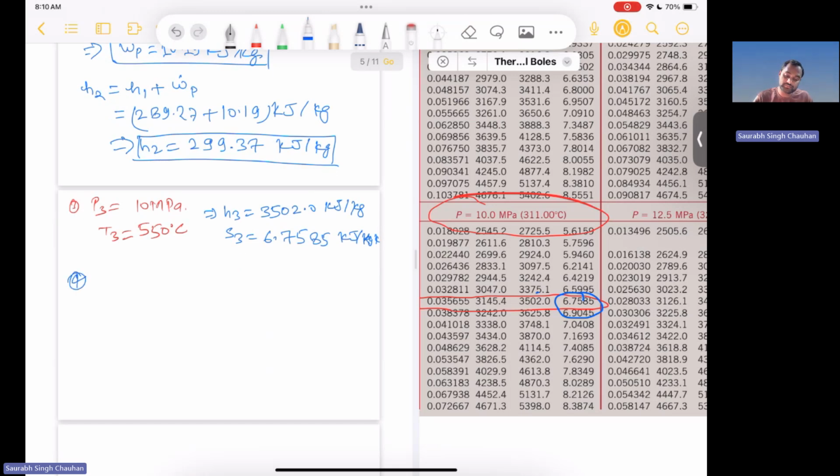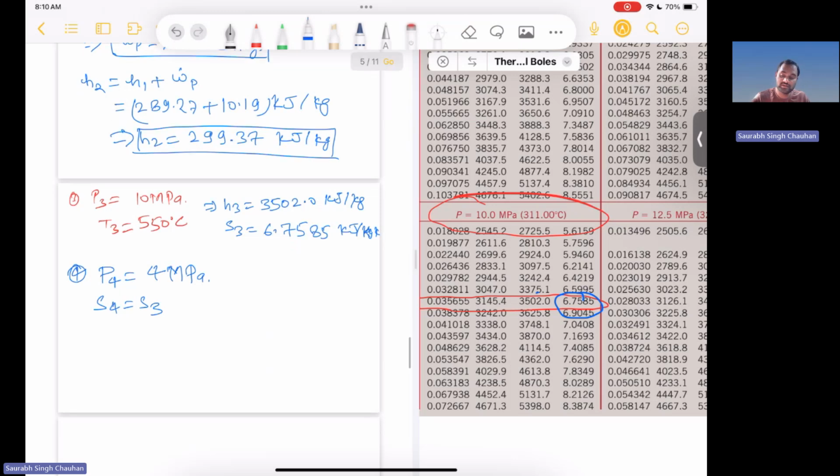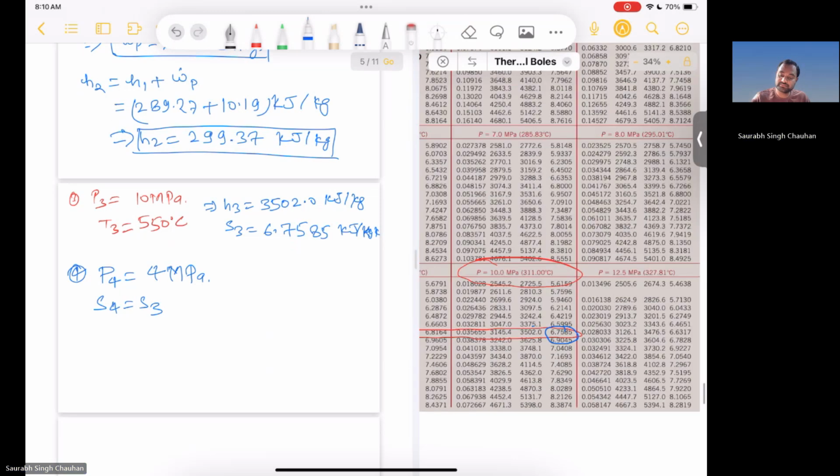At point 4, the pressure is given in the question, and it is given that the pressure of first reheat was 4 megapascal. Entropy at point 4 will be equal to entropy at point 3 because process 3 to 4 is an isentropic expansion in the turbine.